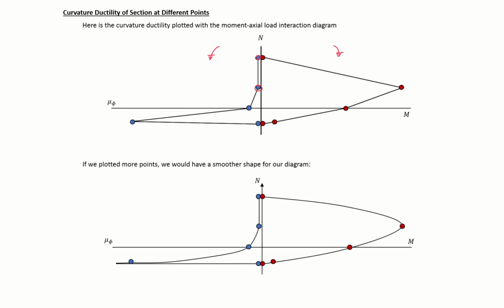And after our balance point, our curvature ductility progresses towards infinity, and up until we reach our pure tension capacity when we're back at 1. So if we were to plot more points, we'd get a smoother shape, and down below is more or less what our curvature ductility versus axial load plot would look like for a given column. And that concludes our example problem.